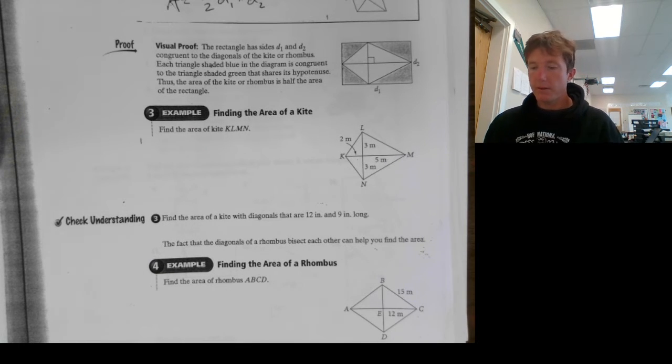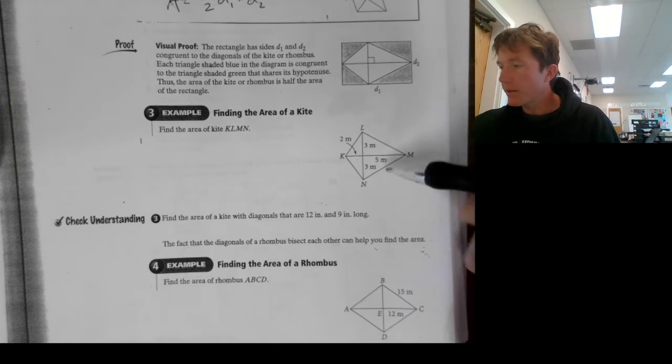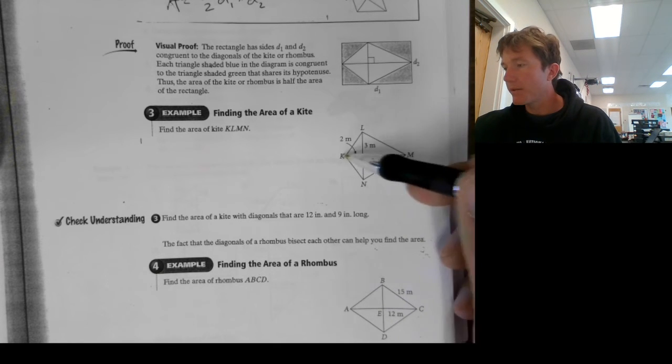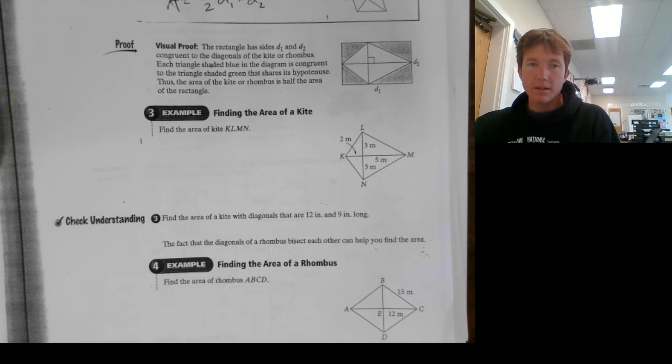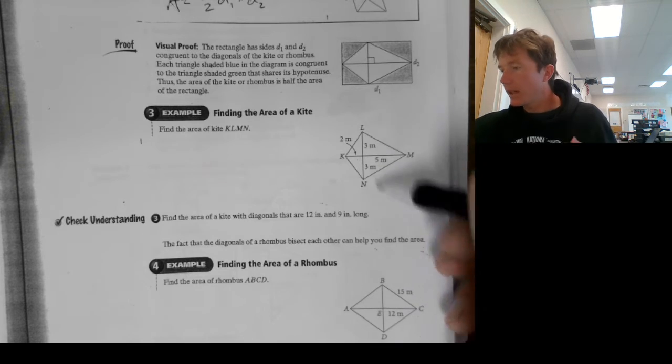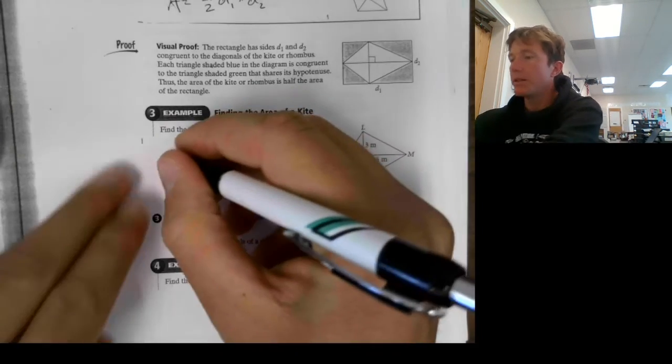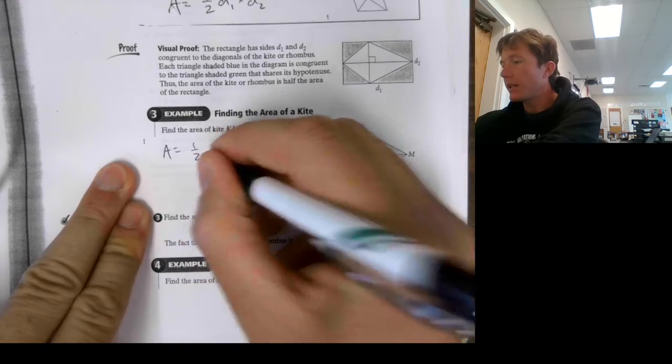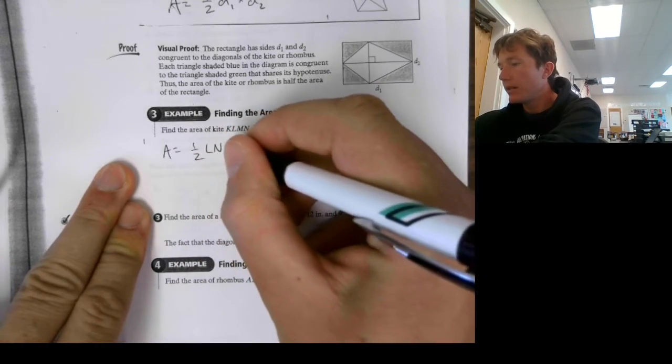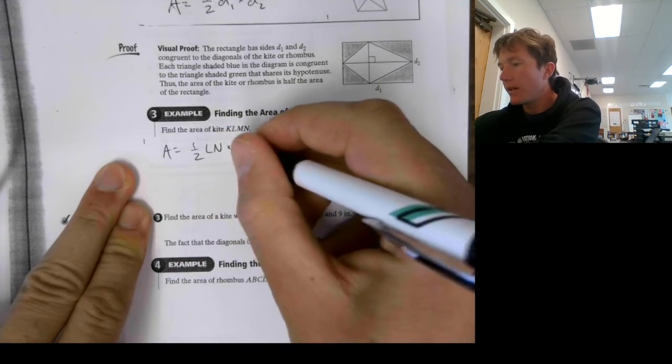So I have two diagonals. Remember, a diagonal connects opposite vertices. So we're going to find the area of this kite. So I have a diagonal LN. So let's just say area is equal to 1/2 LN times KM.